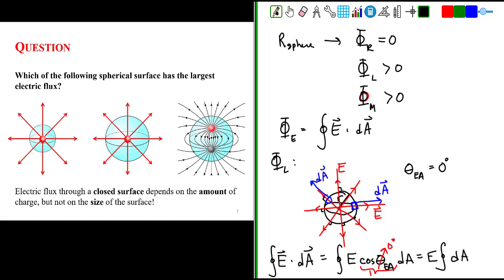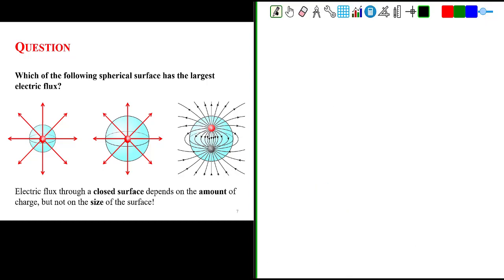So we could pull the electric field magnitude outside of the integral, and that leaves us with just an integration involving the surface area A, which ends up being the product of the magnitude of the electric field and the area of the entire sphere. So we have the electric flux for that sphere on the left is equal to the magnitude of the electric field times the area of the sphere on the left.